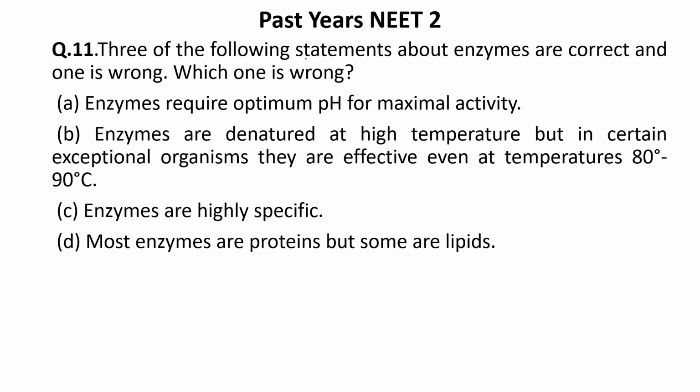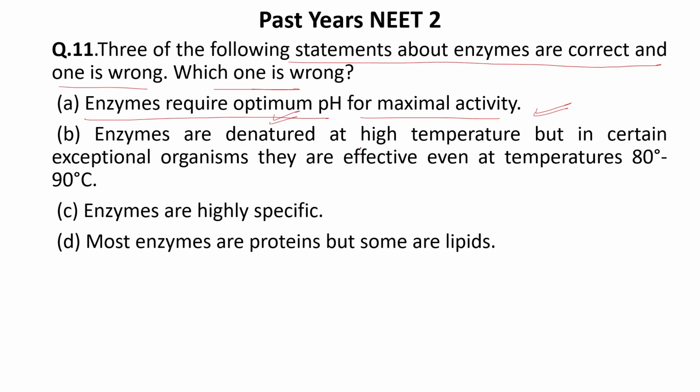Next question. Three of the following statements about enzymes are correct and one is wrong. Which one is wrong? So only one statement is wrong and you have to find that. Enzymes require optimum pH for maximal activity. Yes, temperature and pH are the external factors on which enzymatic activity depends. So they require optimum pH.